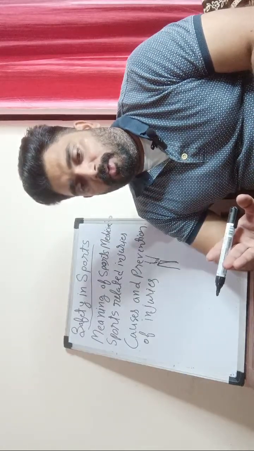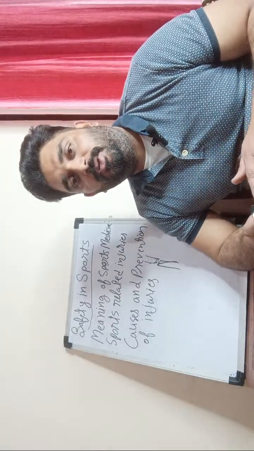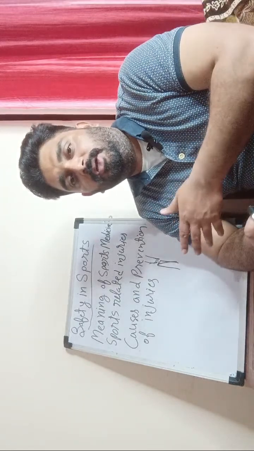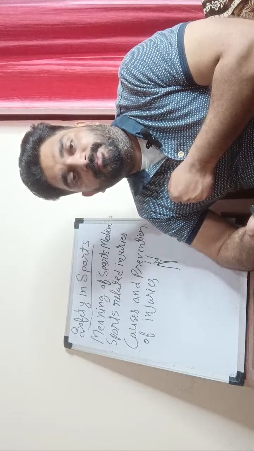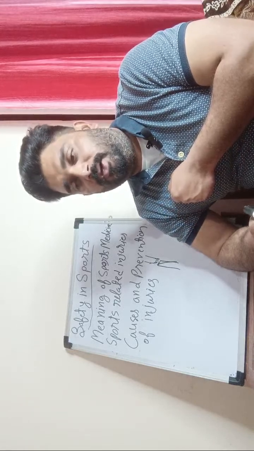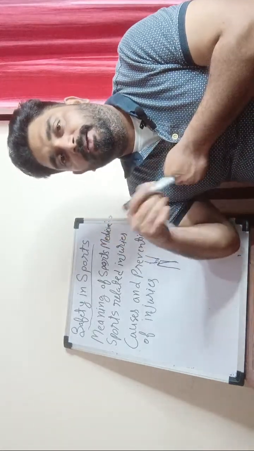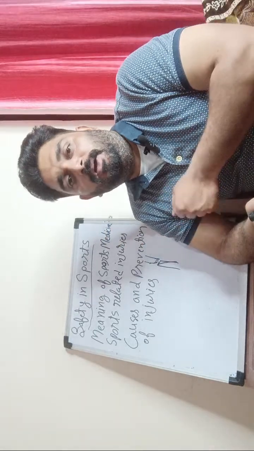So what we should do whenever there is any sports related injury or any injury is to restrict the movement of the particular part. If the arm is injured, we should stop the movement of the arm. Mostly we use a Thomas splint or a sling hanging over the neck to restrict the movement of the arm.